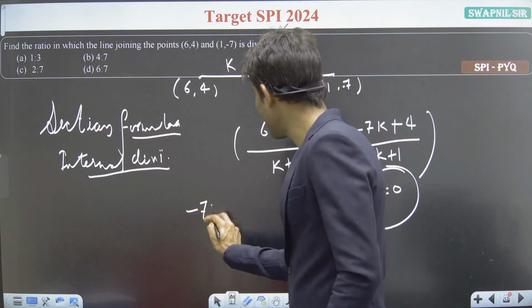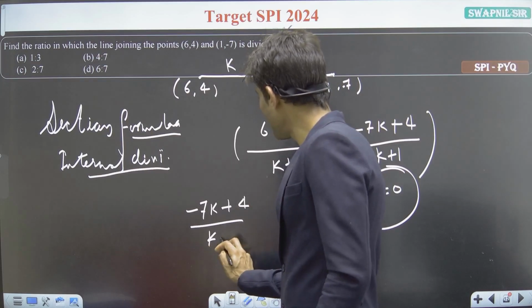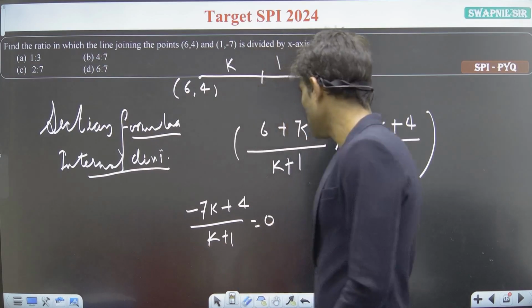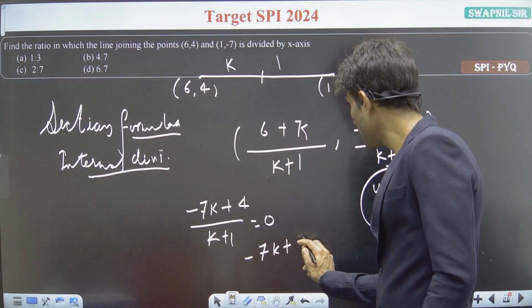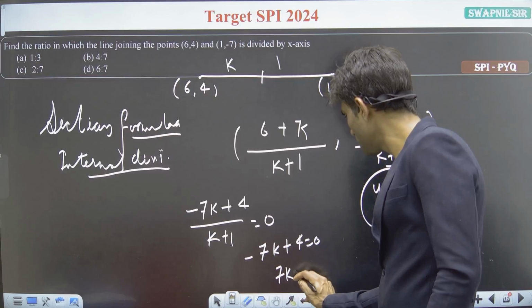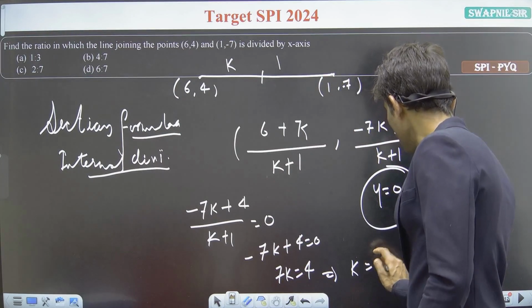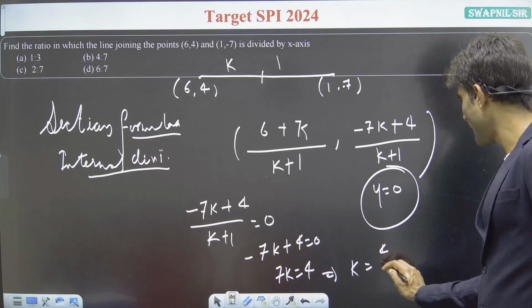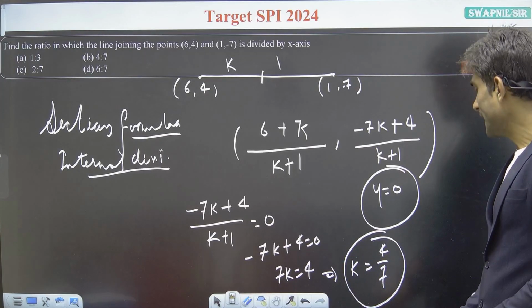So (minus 7k plus 4) upon (k plus 1) goes to 0. That means minus 7k plus 4 goes to 0. That means 7k goes to 4, and the value for k gives us 4 by 7 here.